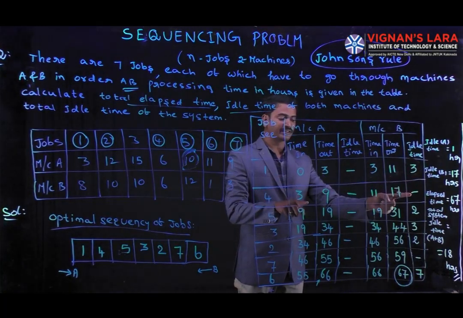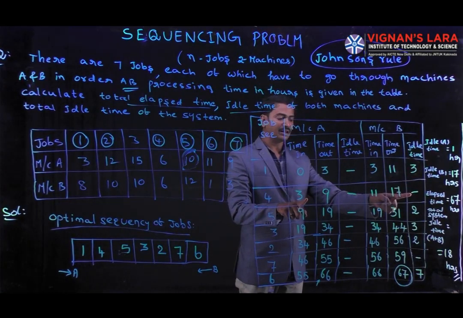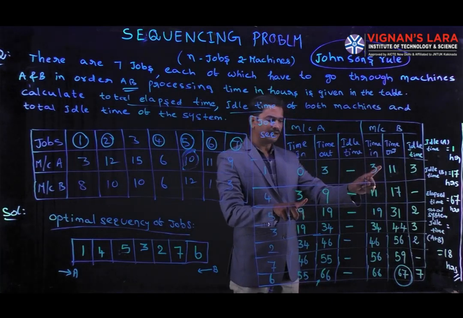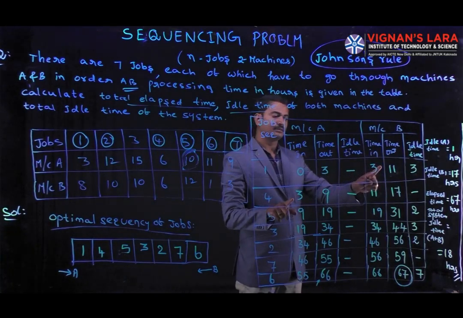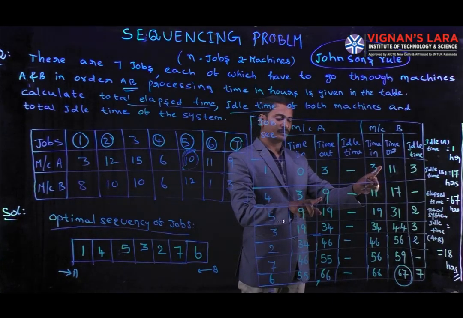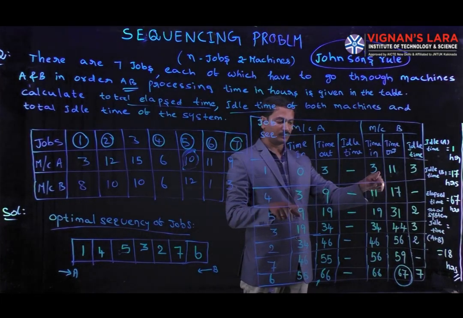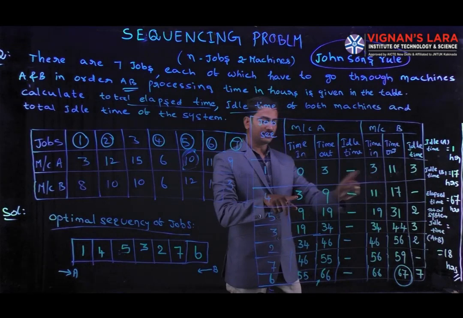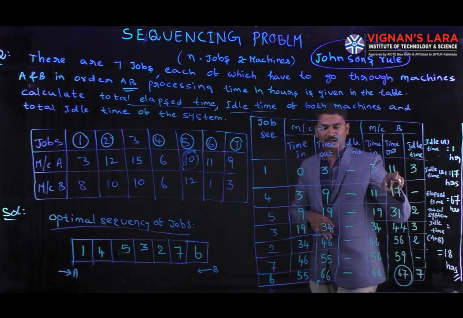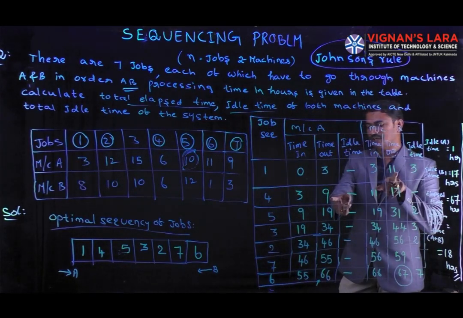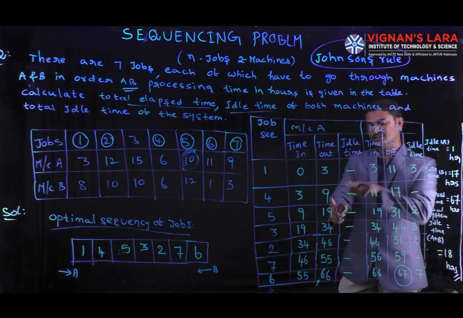Next, coming to the second one. Here we have the timeout of 11 hours, and here the timeout of 9 hours. Which one is the minimum?